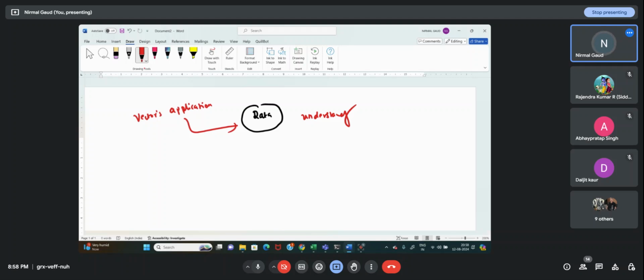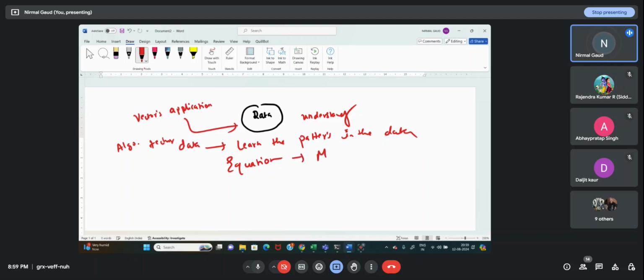Because when you are going to apply any algorithm, any technique over the data, you mean to learn the patterns in the data, and there will be an equation, because machine learning models are mathematical statistical models.